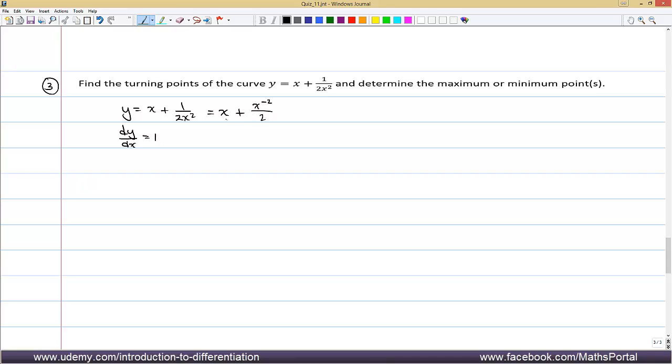So minus 2 brought down, minus 2 divided by 2, becomes minus 1 only. And minus 2 minus 1 becomes x to the power of minus 3. So that is 1/x cubed. As usual, at turning points, dy/dx is equal to 0.